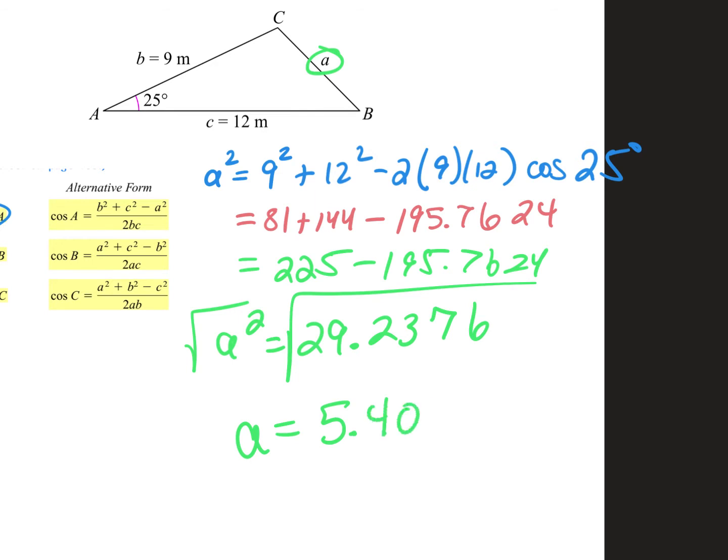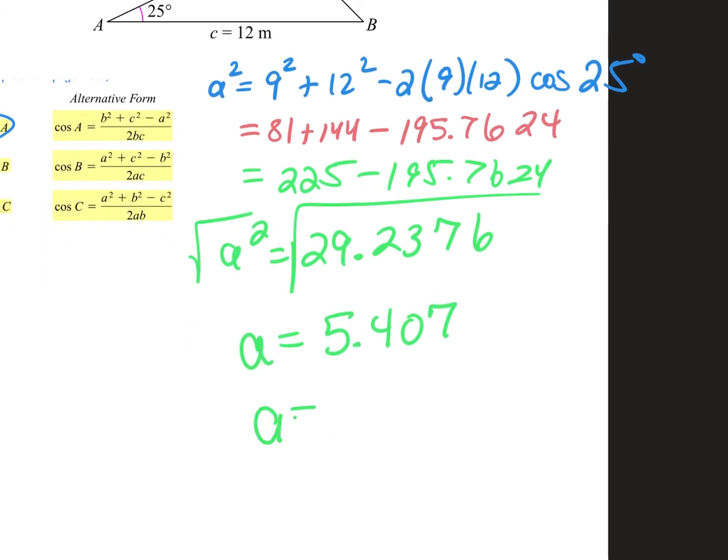5.407. Okay. Now, guys, think about this for a second. If we rounded to 2 decimal places, we'll say that A is 5.41. Should I have a plus or minus in front of my answer? No, because it's a side length. It's a measurement, right?